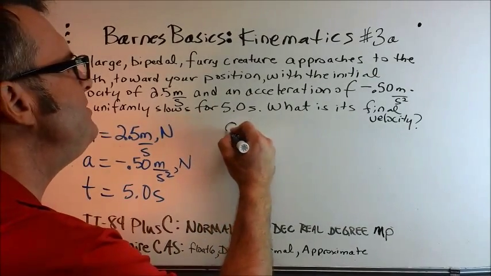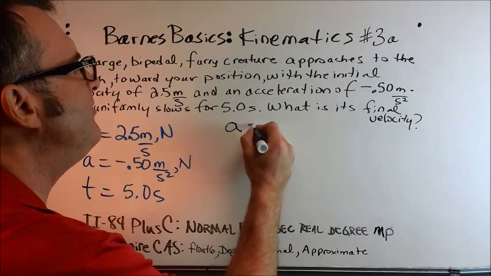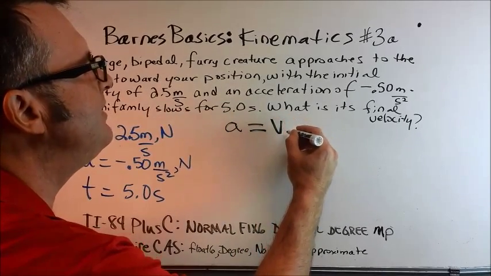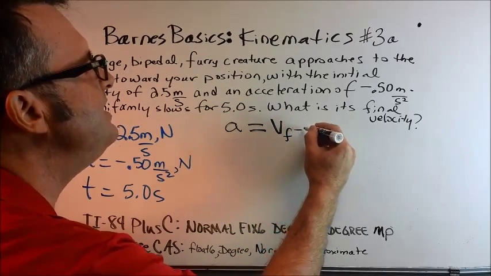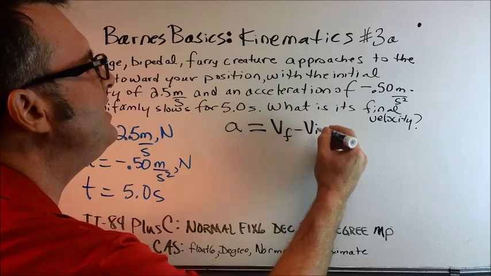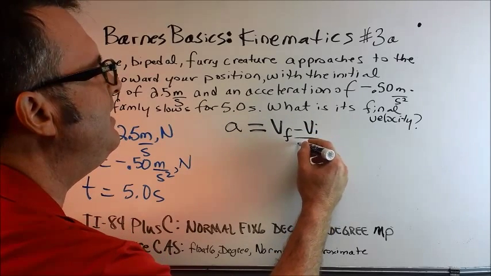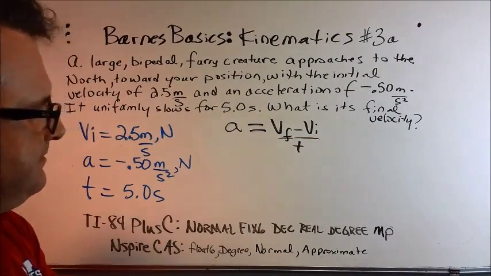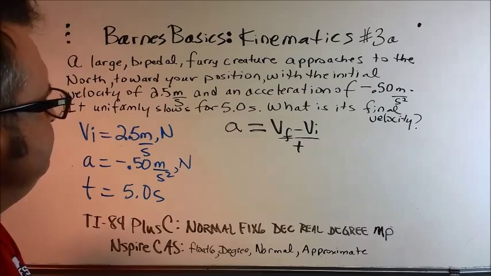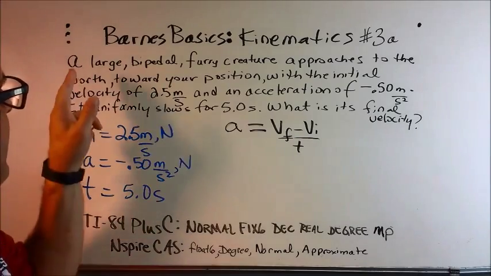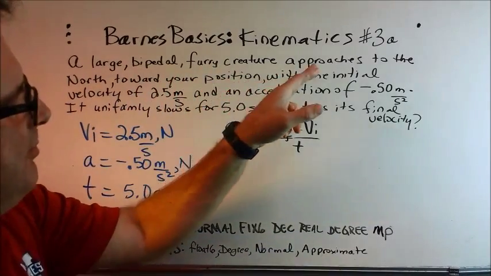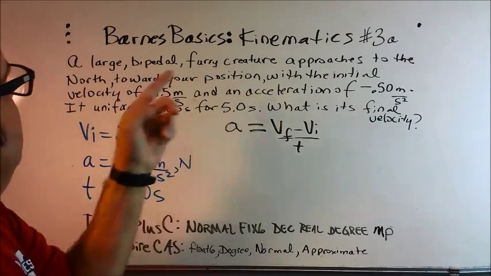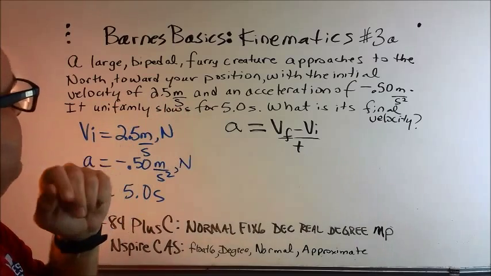this is the original formula for uniform acceleration. It is acceleration is equal to the final velocity minus the initial velocity divided by the time. And when we looked at this problem, it said that we had a large bipedal furry creature approaching to the north toward my position with the initial velocity of 2.5 meters per second.